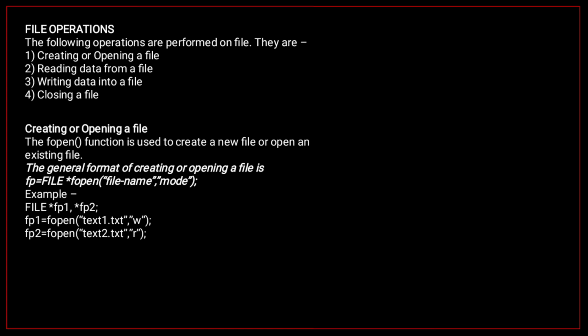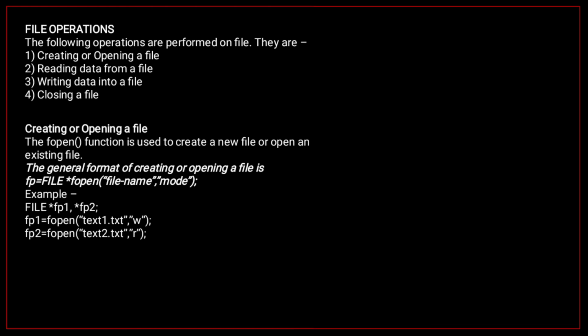Creating or opening a file. The fopen function is used to create a new file or open an existing file. Now here, this is the general format of creating or opening a file. The general format is fp equal to FILE star fopen in bracket, double quotation, file name, double quotation mark close, comma, double quotation, mode, double quotation, bracket close and semicolon.